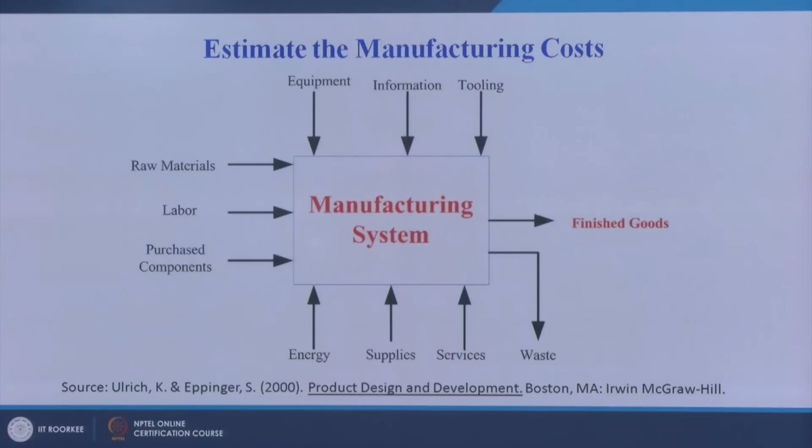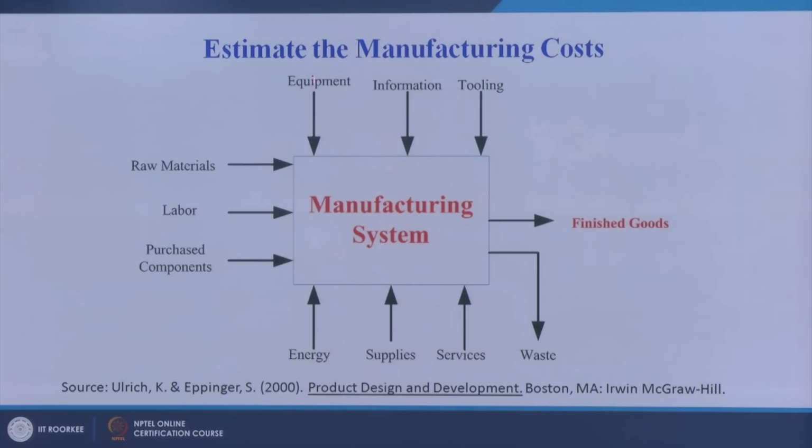This is the entire manufacturing cost, we can say. For any manufacturing system, there are inputs and there are outputs. Now input can be raw material, labor, purchased components. Output is the finished goods.